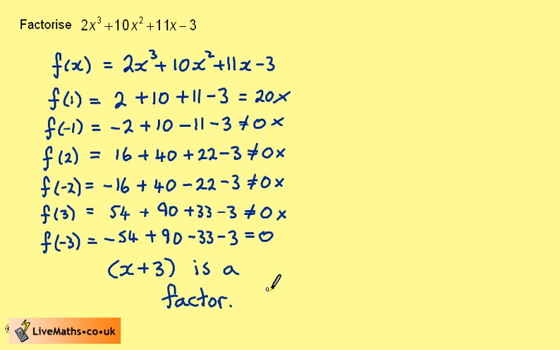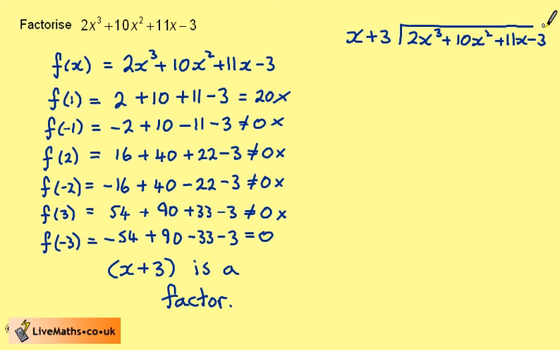Now that we know x plus 3 is a factor, we need to look for the other factor. One way of doing this is to do a division. Divide x plus 3 into the original polynomial. I'm going to do this quite quickly here, but if you don't follow it, you should go back and review the section on dividing polynomials.